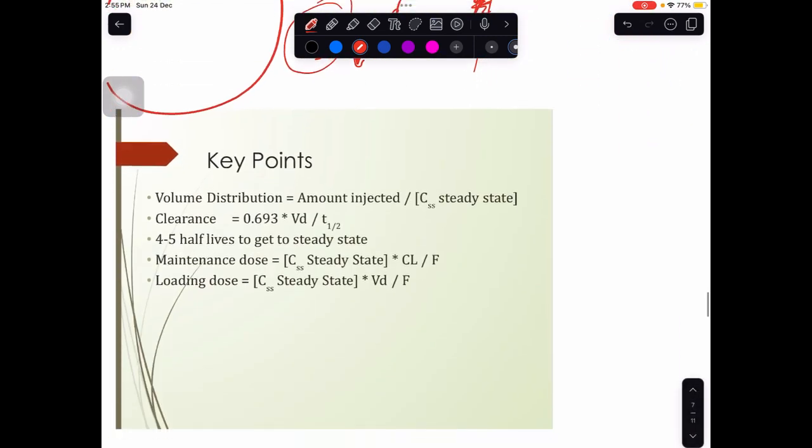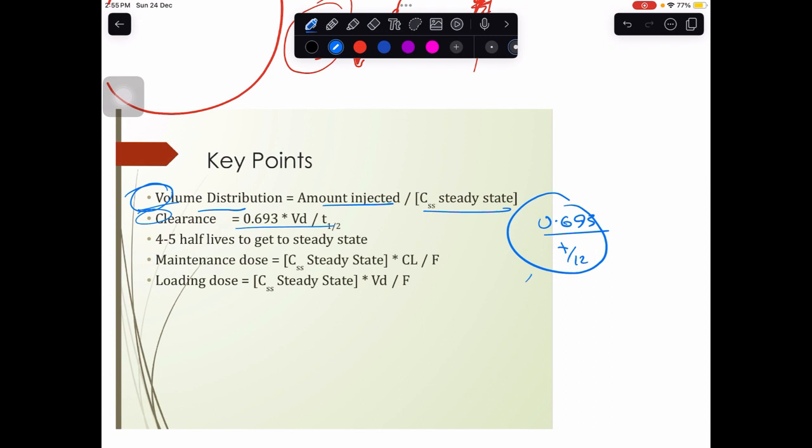Okay. Now if I summarize the key points, volume of distribution is the amount that is injected divided by this. Again, if you haven't watched the volume of distribution video, do watch it. The clearance, we mentioned what clearance is: 0.693 divided by t half, this was the Ke constant, times the Vd, and we mentioned how the Vd is correlated with the clearance.